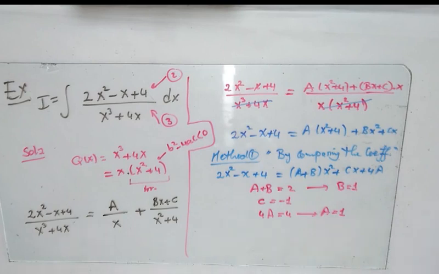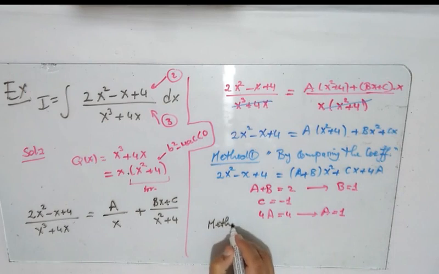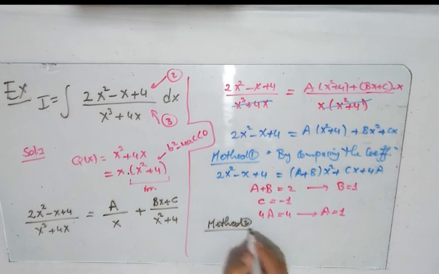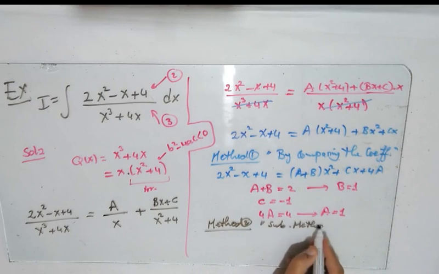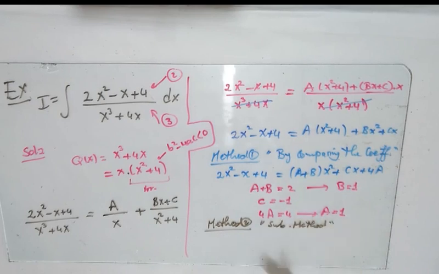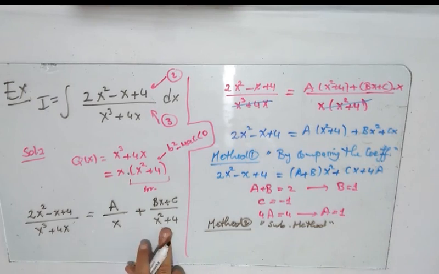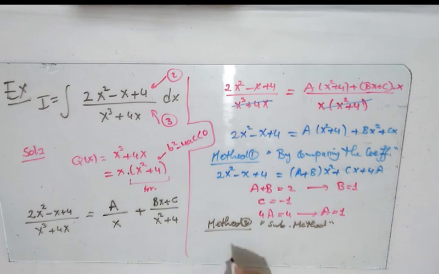You can do the same thing using the second method, which we call the substitution method. Usually we substitute by the zero divisor. The zero divisor here is x equals 0, and we don't have a real number that, when we square it, gives -4. So we have only one zero divisor here, which is x equals 0.